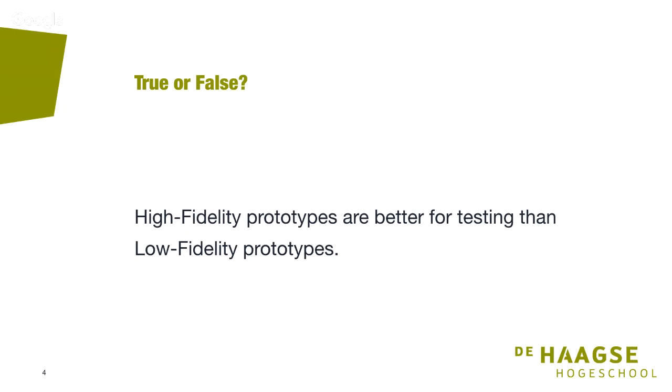You think it's true? False. Yeah? Why do you think it's false? Because if it gets a lot of changes afterwards, you have a lot more work to do. Ah, very good. Yes? It's both really, both good and bad. Both versions, high fidelity and low fidelity, are equally important. Both are important. So you are all correct.